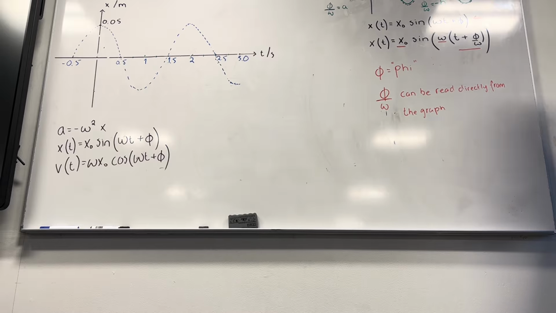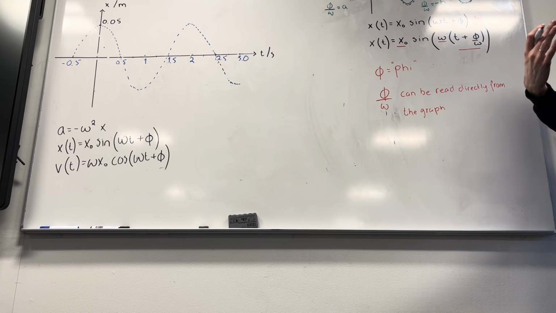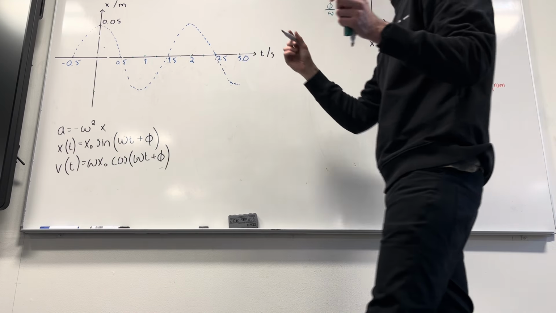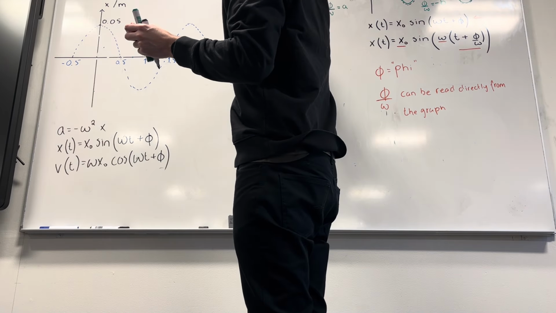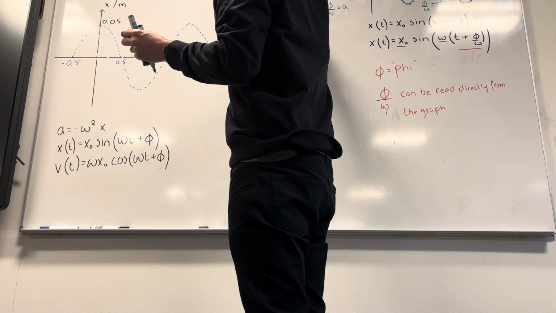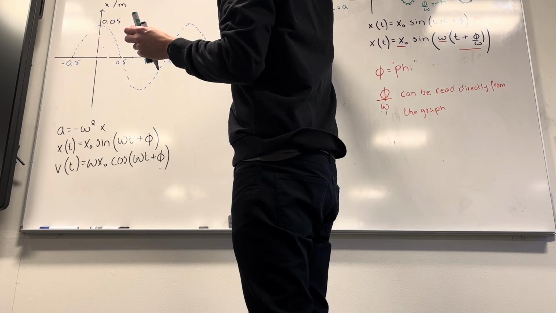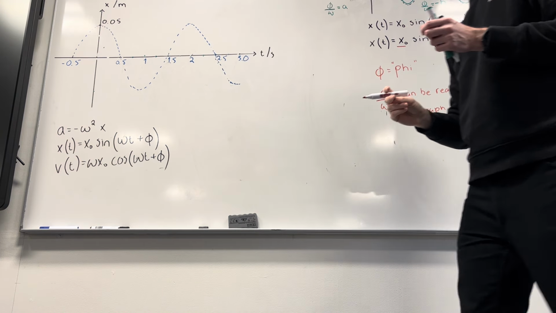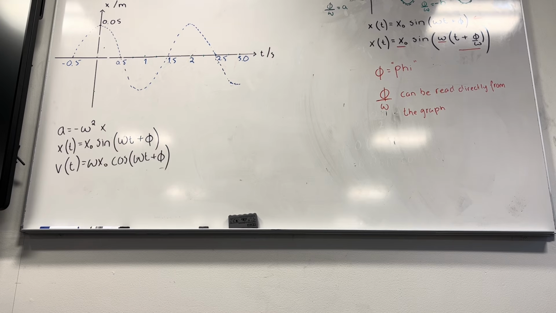What is omega? How do you calculate it? What do we do to find omega? Emily? 2 pi divided by T, so 2 pi divided by 2? Yeah, that's a good question. What is the period here?